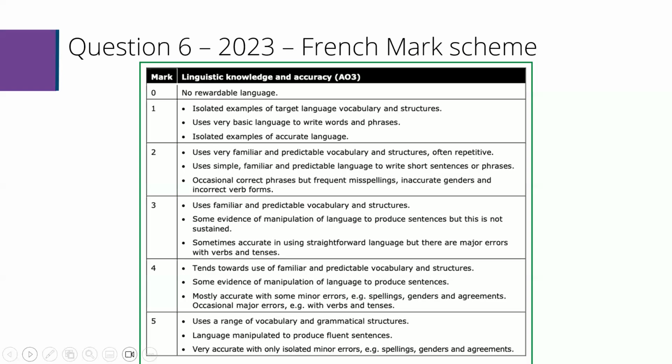You know, if the candidate is using past tense and they just say, I went, I went, I went, actually we don't have the range. So we've shown that we can maybe use that grammatical structure to deal with a simple past idea, but actually we don't have the range.